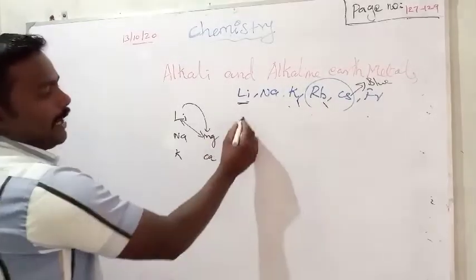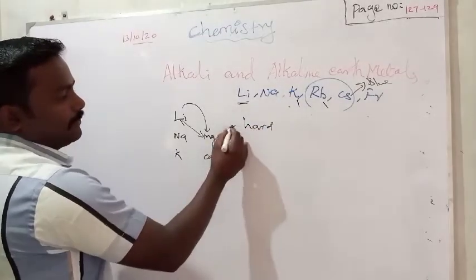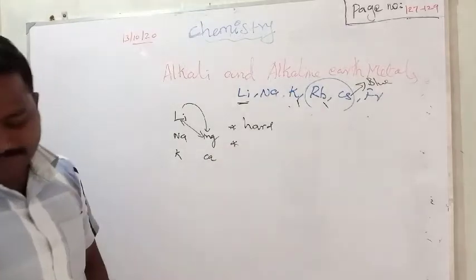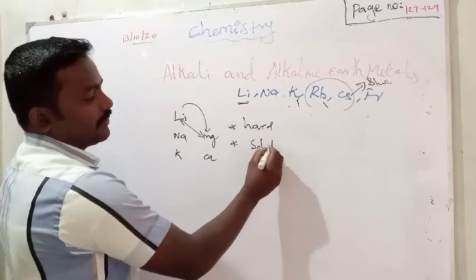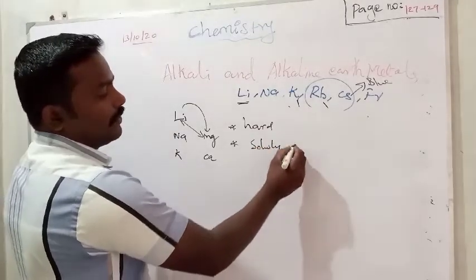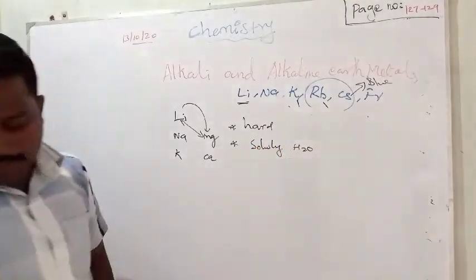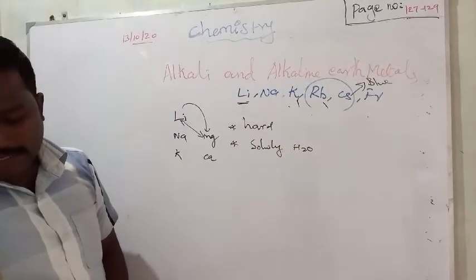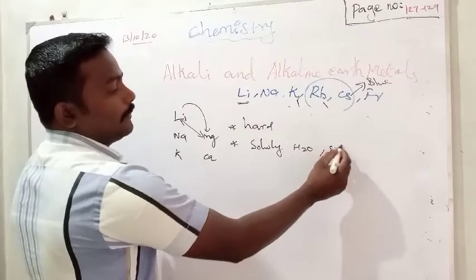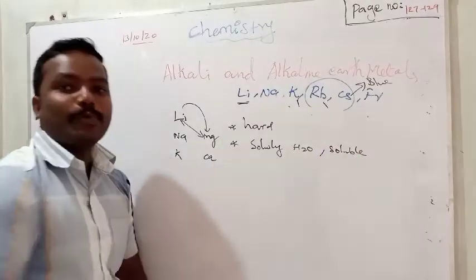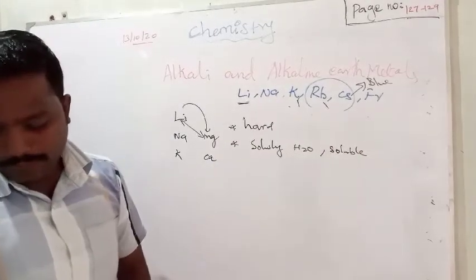Both are hard in nature compared with other elements, and they react slowly with water. See, hydroxides and other oxides are sparingly soluble, but other compounds are not soluble in water.